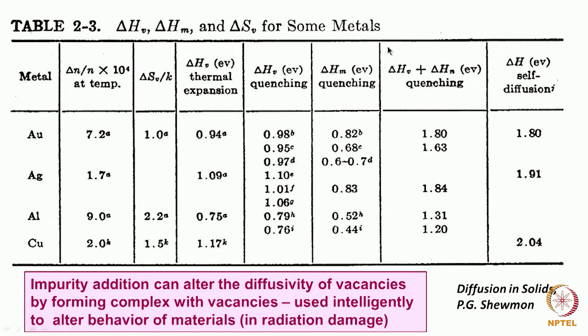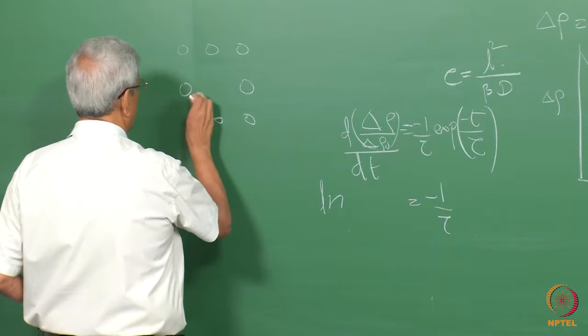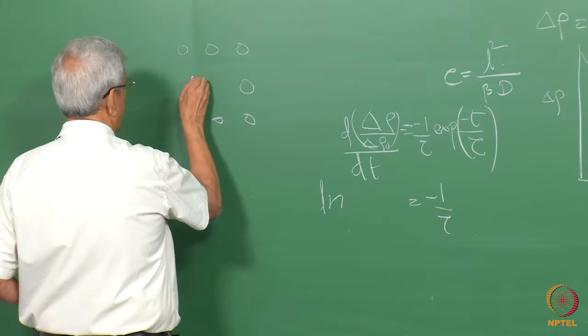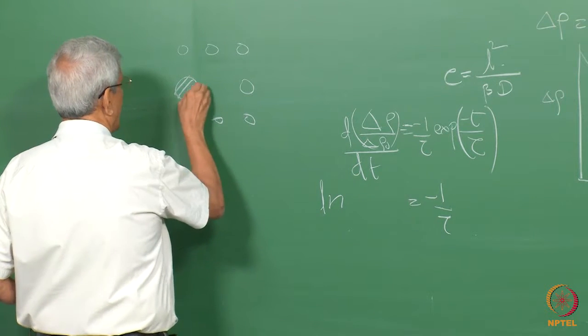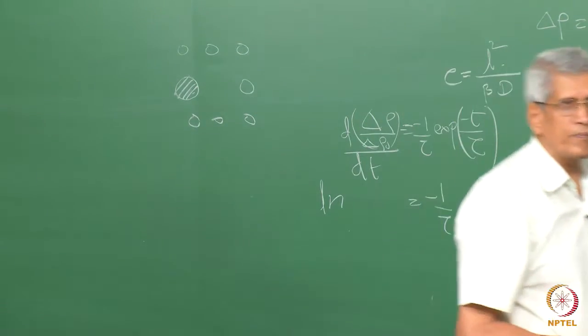Quite often in an alloy or a material which contains some impurities, it can so happen that the neighboring atom could be another type of atom.